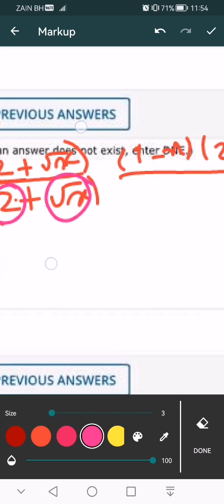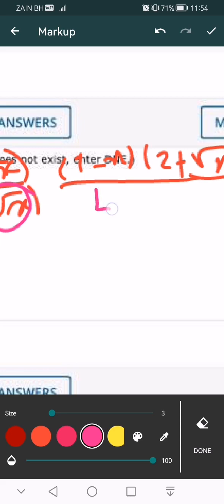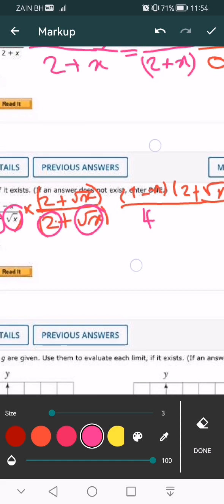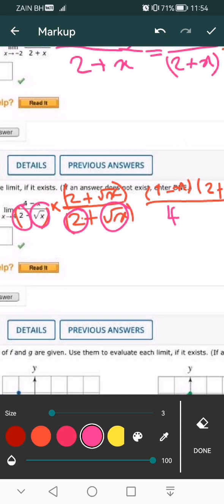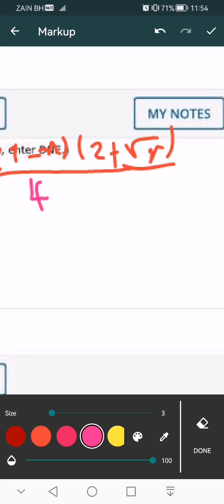The result I will put it. For example, 2 multiplied by 2 is 4. Easy. And minus square root of x multiplied by plus square root of x, I will get square root by square root, half by half. أنا أقدر أقول x to the power half.